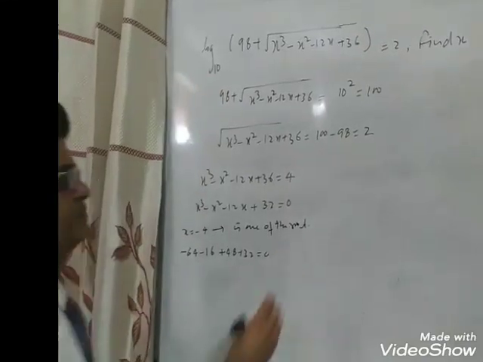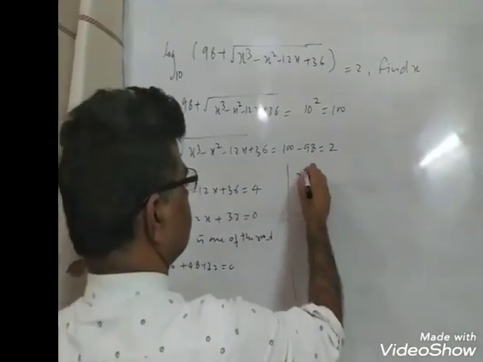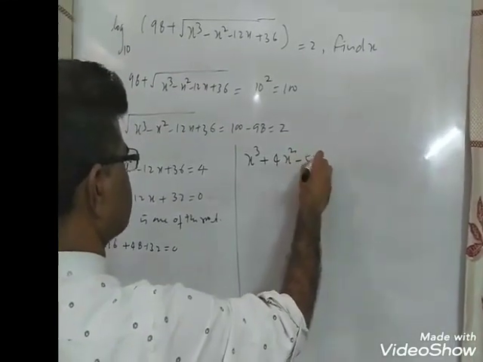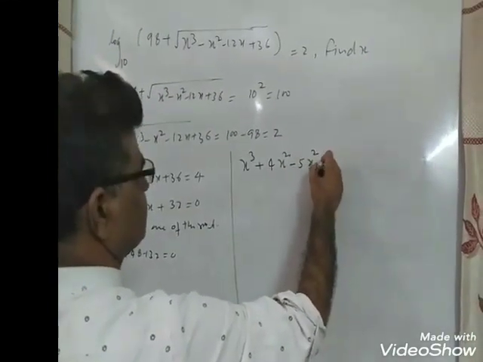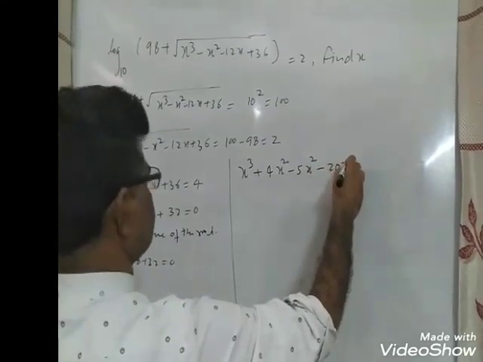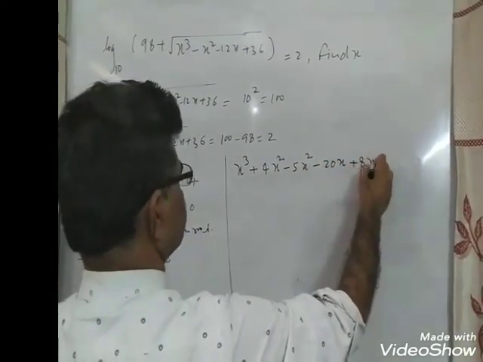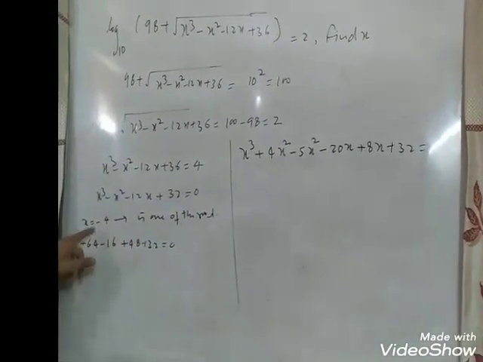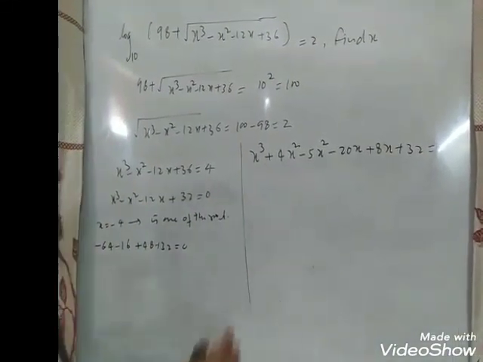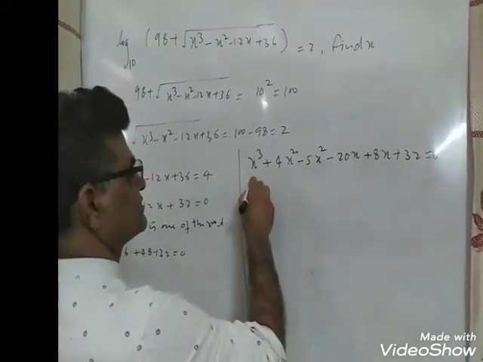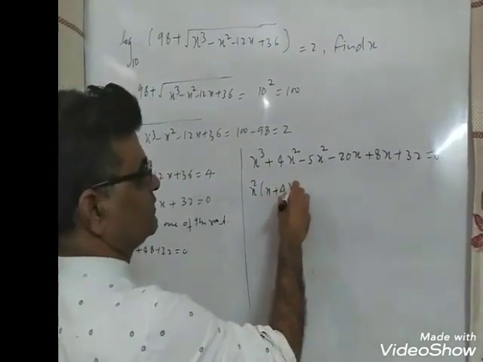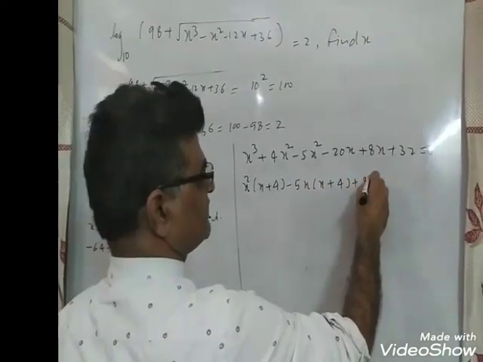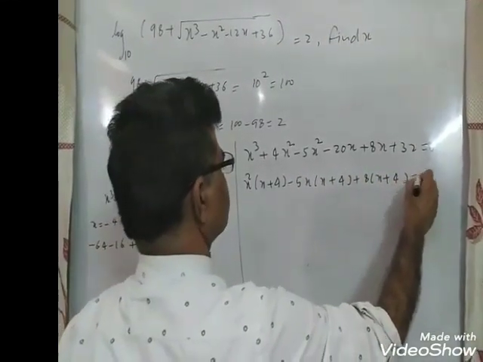So we can just factorize it. x^3 + 4x^2 - 5x^2 - 20x + 8x + 32. I'm just adjusting such that x + 4 comes out of it. So x^2(x + 4) - 5x(x + 4) + 8(x + 4) equals 0, taking x + 4 common. So (x + 4)(x^2 - 5x + 8) = 0.